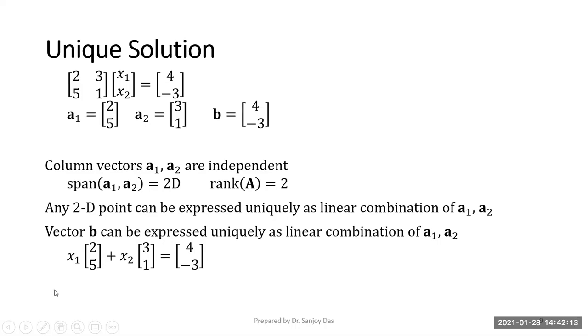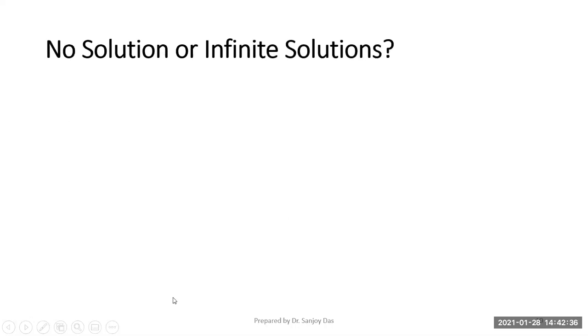And therefore, this is what we actually want, where here we are trying to solve for x1, x2. In fact, what we're looking for is these set of weights on A1 and A2 such that their weighted linear combination with these weights x1 and x2 will give us 4, negative 3.